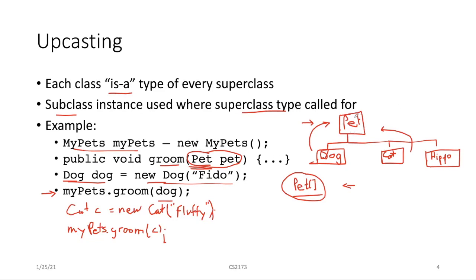But this allows me to do common things, and also lets me store them in places that are common. So here the common element is the pet class, and so I can store it in an array of pets and everybody's happy.